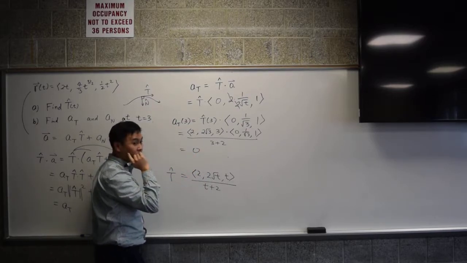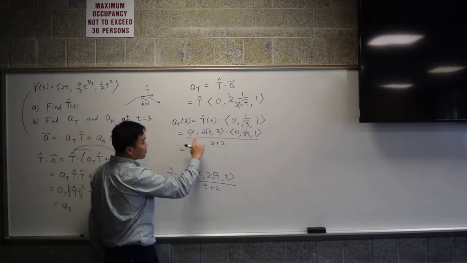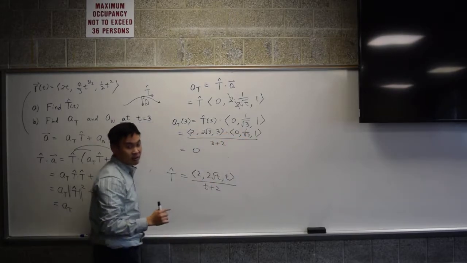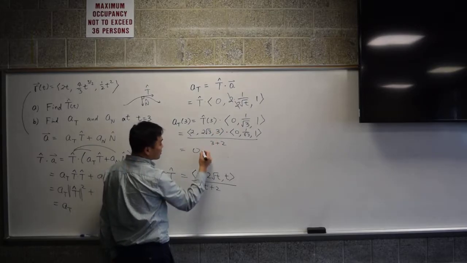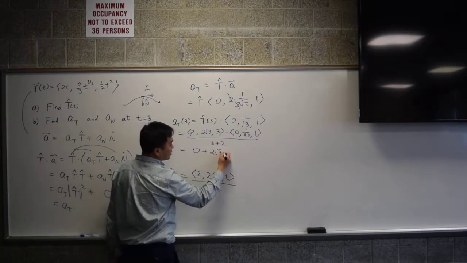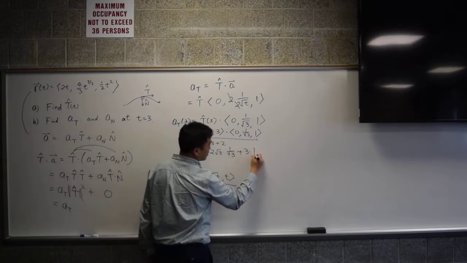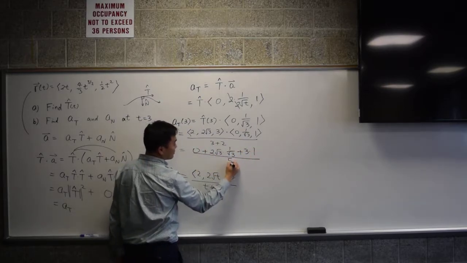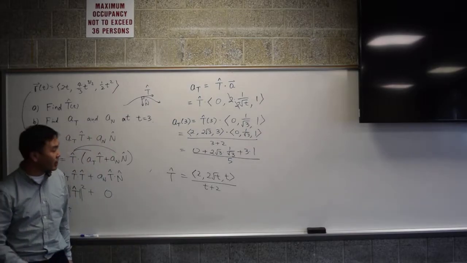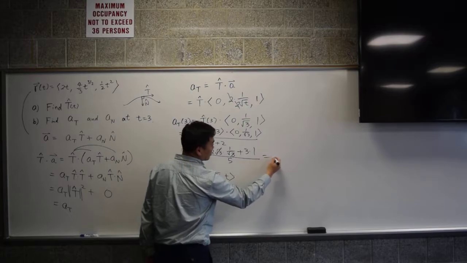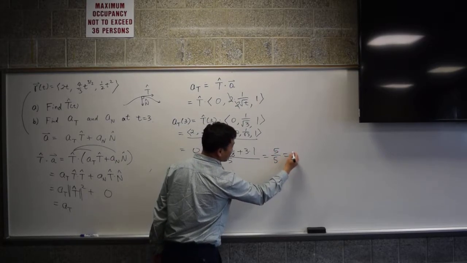Dot product when your coordinates are given is performed by multiplying the corresponding components and adding them, right? So the second one is plus 2 radical 3 times 1 over radical 3, plus 3 times 1, divided by 5, because 3 plus 2 is 5. And this cancels. 2 plus 3 is 5. Oh, so it's 5 over 5, which is 1.